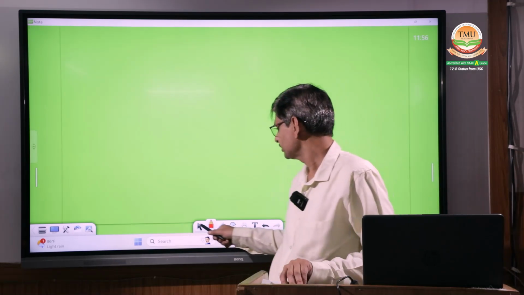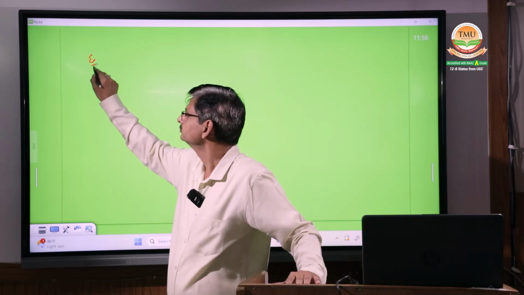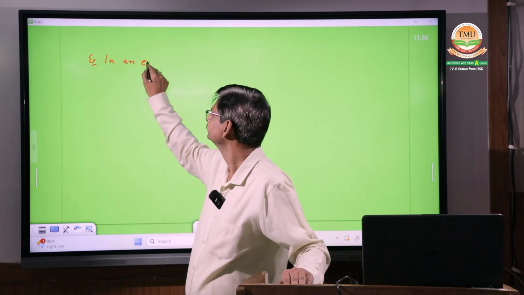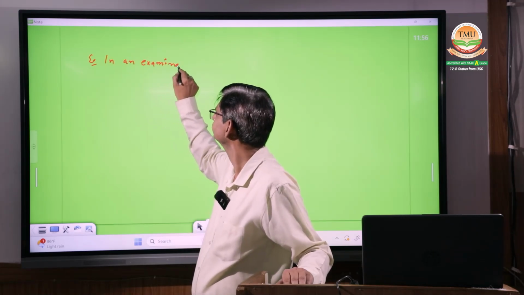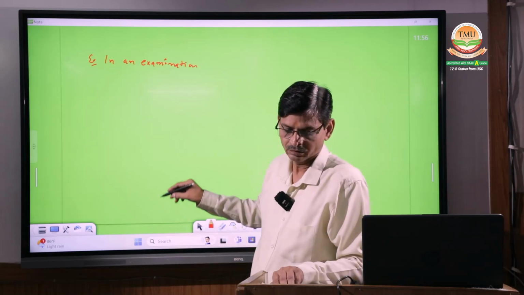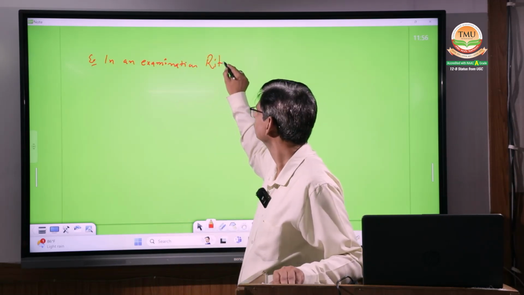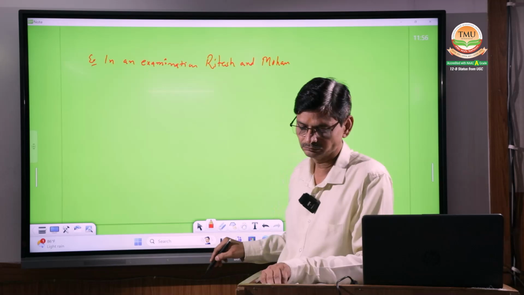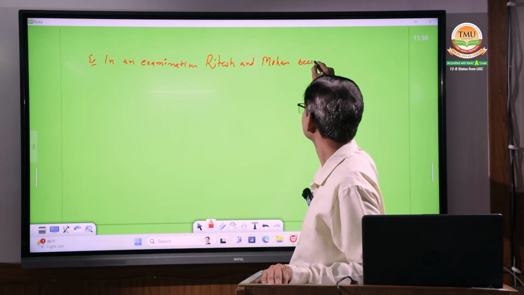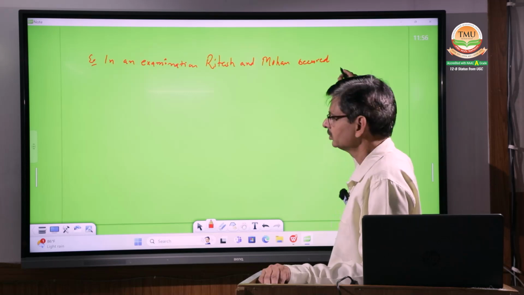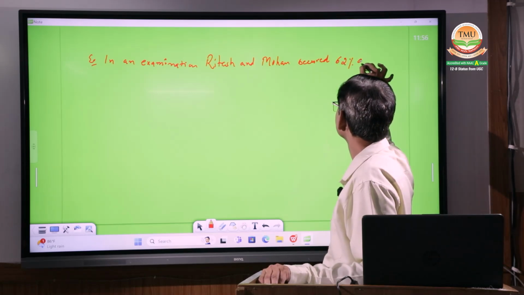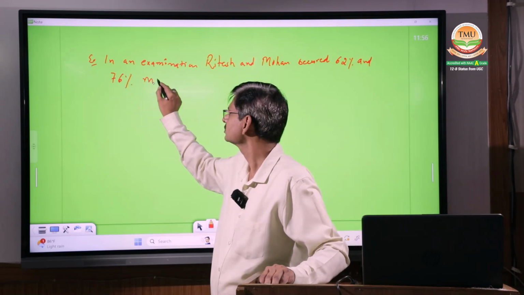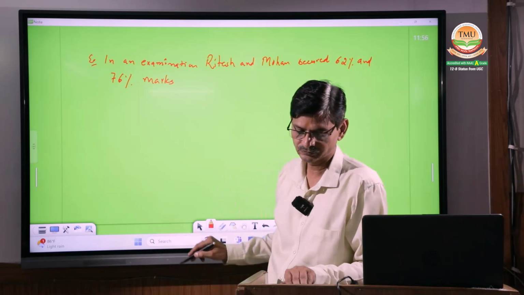Another example of percentage. Suppose in an examination, Ritesh and Mohan secured 62% and 76% marks respectively.